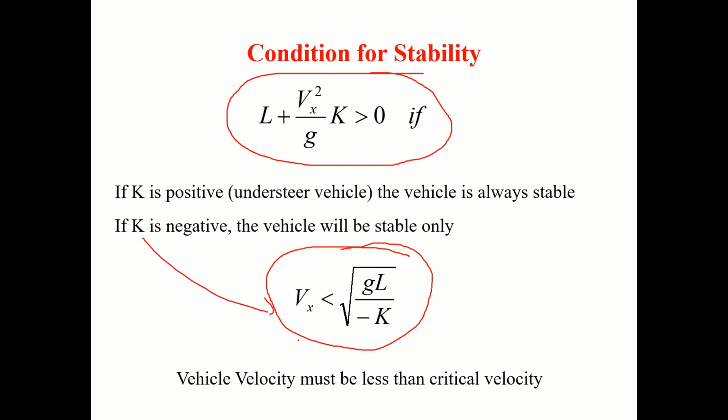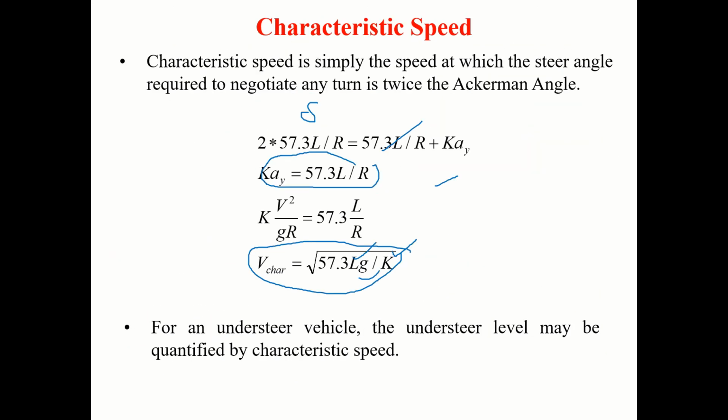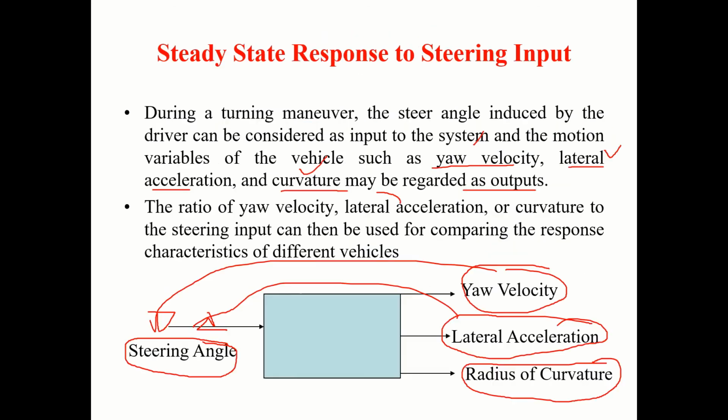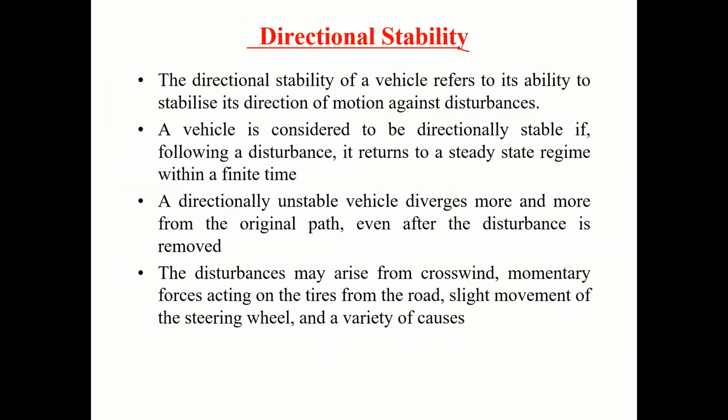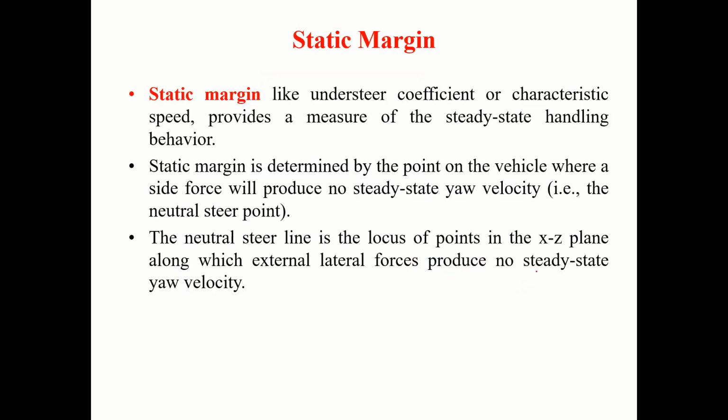So if velocity is this value, then only this equation gets satisfied. That is less than the critical velocity. We have proved critical velocity is equal to how much? So that is Lg by K. Lg by K only. Only thing is, here I have not written 57.3. It's in radians. So if you want to convert into degrees, you can do so. Right, sir? Right, fine.